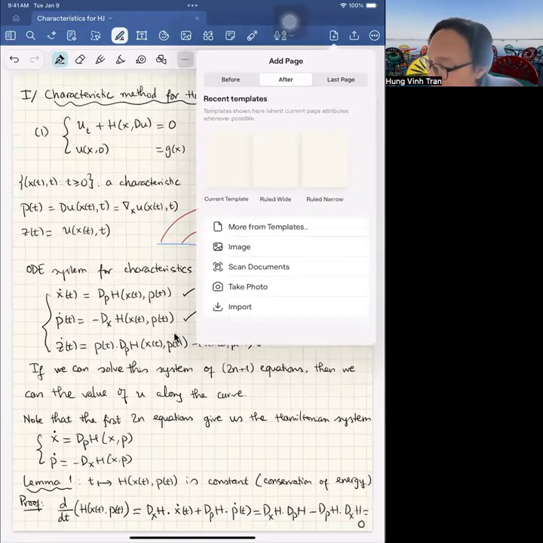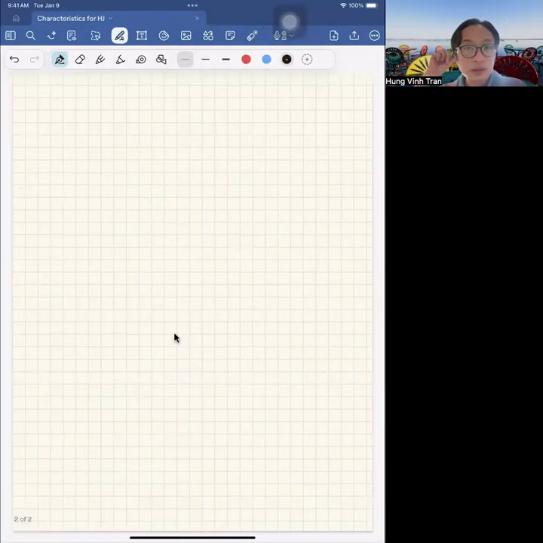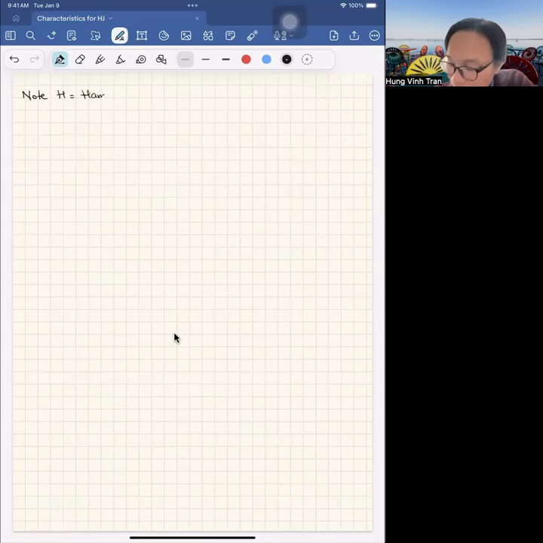Just, wait, add a page. Okay. This example was already discussed, but let me just recall. So I should note that H here is the Hamiltonian, which typically represents the total energy.